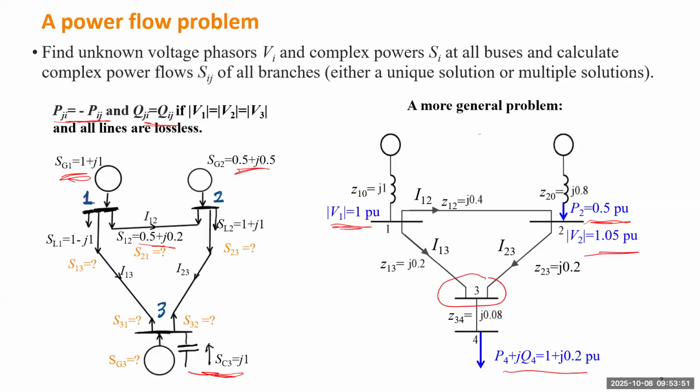Bus 3 doesn't connect directly to any load, but we know this is also a load bus because the P and Q are both 0. It's simply 0. So we still need to solve the voltage and angle at that bus. Okay.